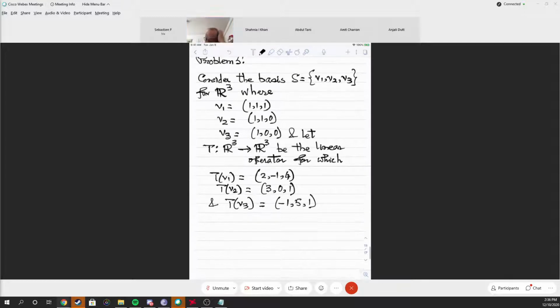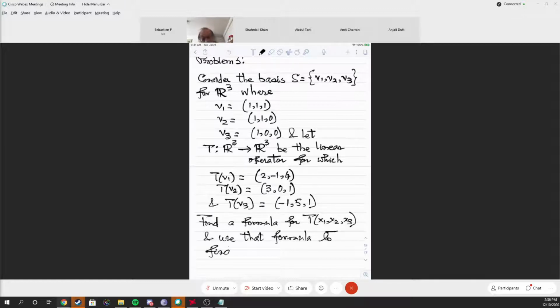Find a formula for T of x1, x2, x3 and use that formula to find T of 2, 4, minus 1.